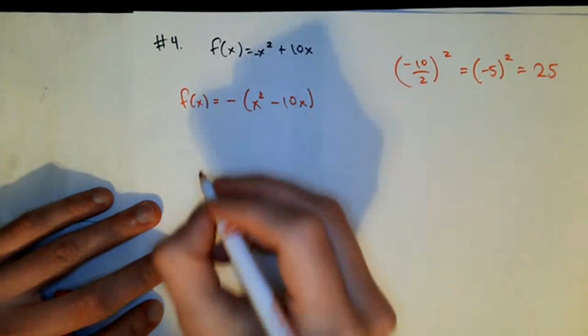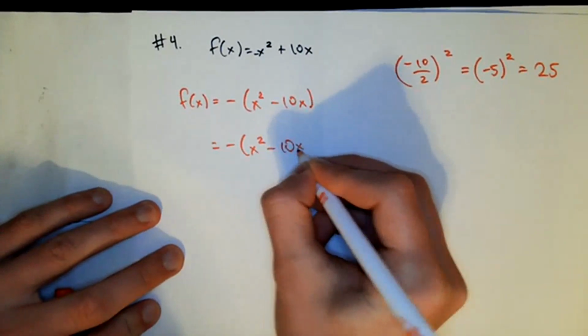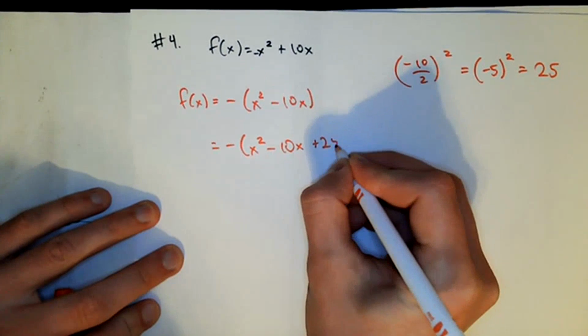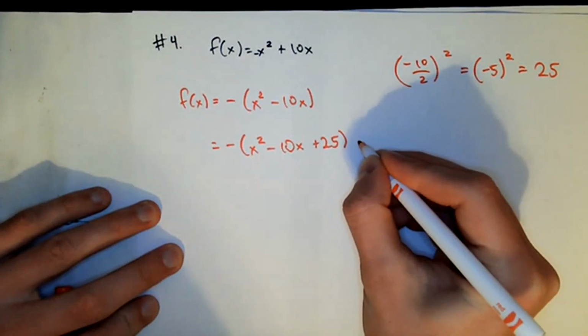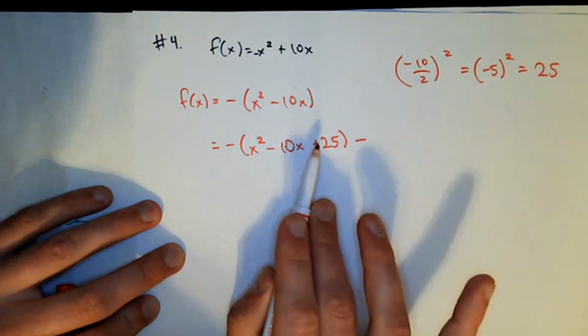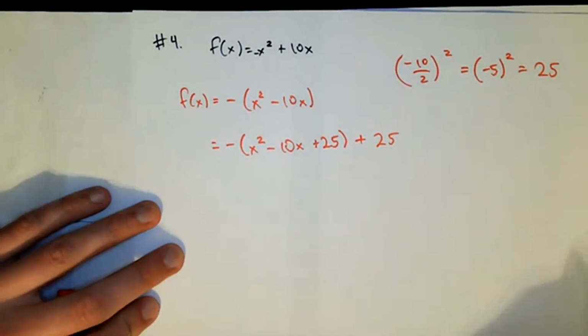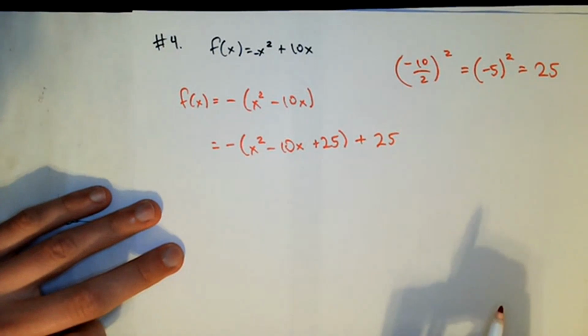So that gets added and subtracted. So I'm going to have negative of x squared minus 10x plus 25 inside, and then I should actually have a plus 25 on the outside to bring balance.